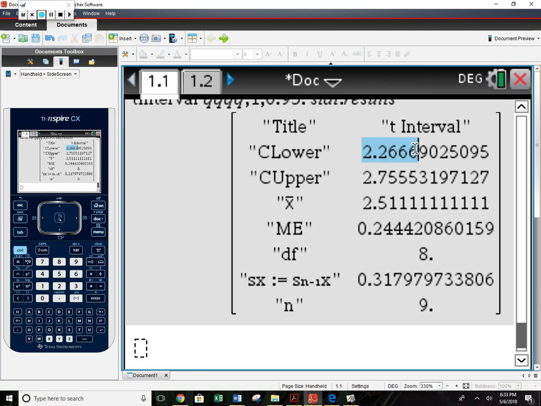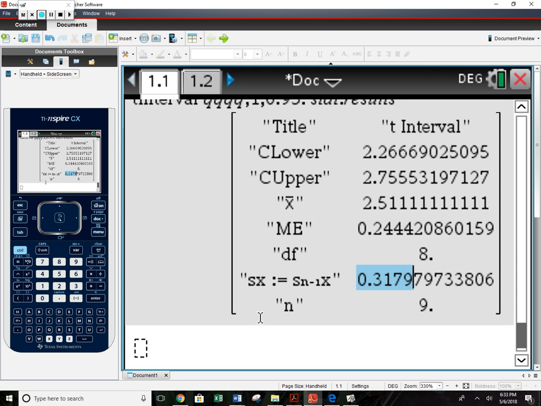So our lower bound is going to be 2.2666, 2.7555 is the upper bound. Your X bar is 2.5, and this, S sub X, is your sample standard deviation, 0.317.